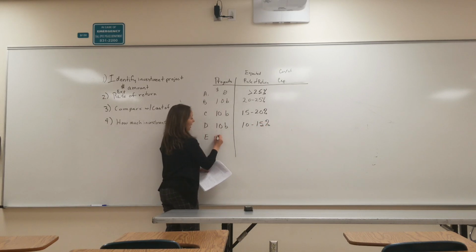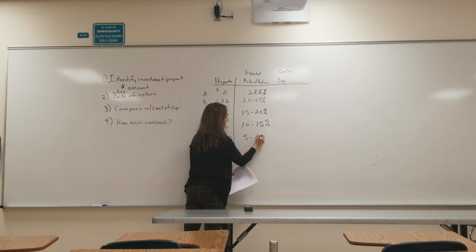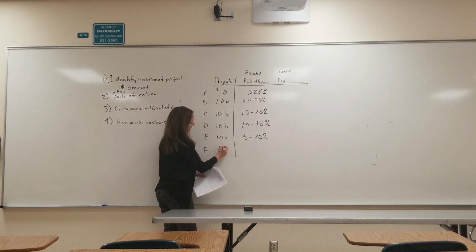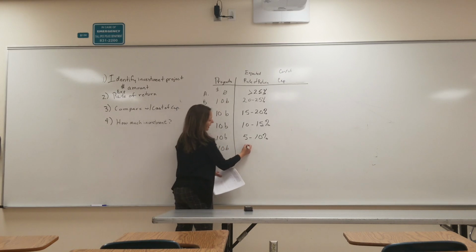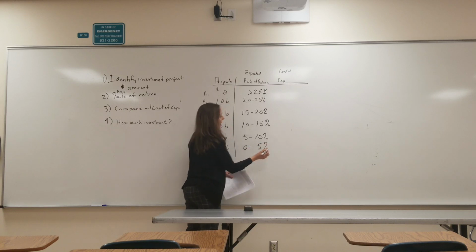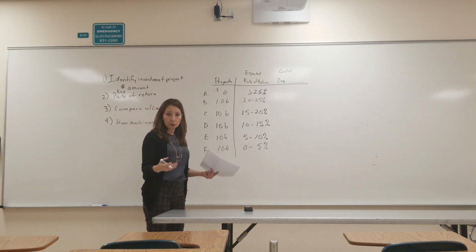And another group of projects worth $10 billion that will yield 5 to 10%. And finally, a fifth group of projects costing us $10 billion that will give us anywhere from 0 to 5%. So what we have to do is figure out which projects we should do.